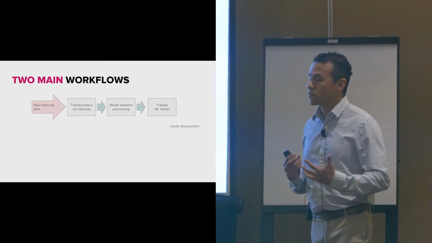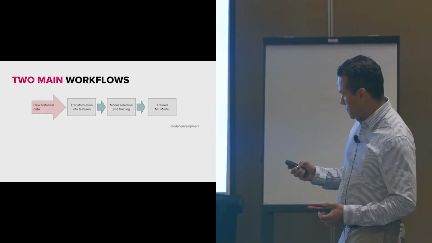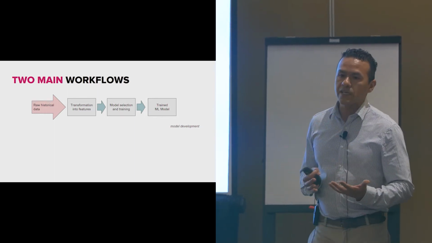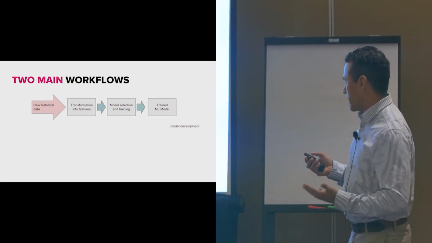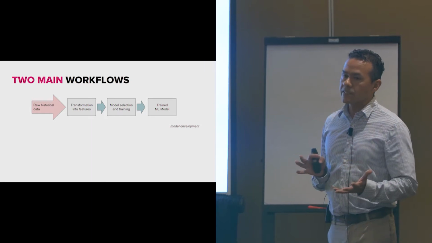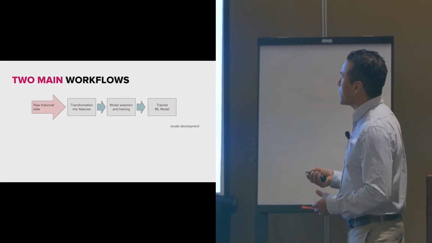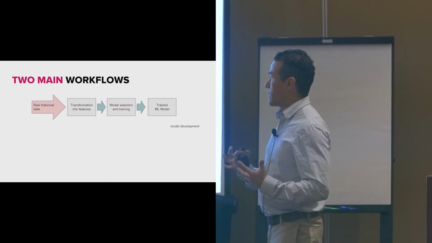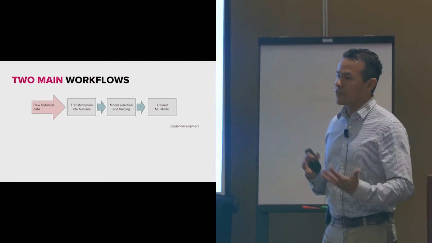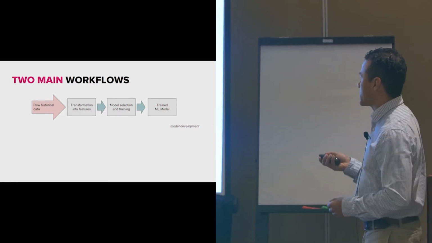So let's think about two workflows that are essential for producing these models. The first workflow is about model development. It is the initial part of the work in developing a machine learning system, and this is typically performed by the data scientists who take raw historical data, and they do extensive labor to study this data and to transform it into features, which are the characteristics that are needed by the model to perform its predictions.